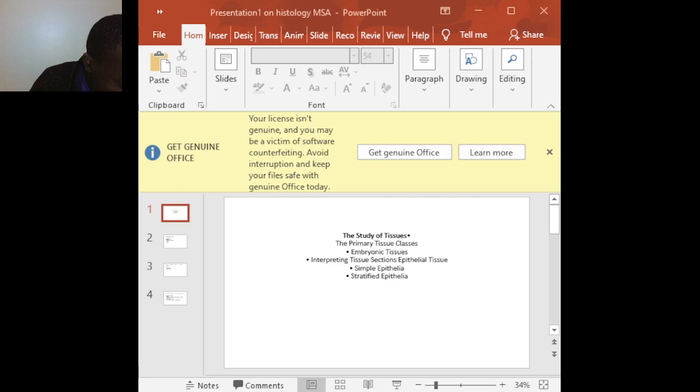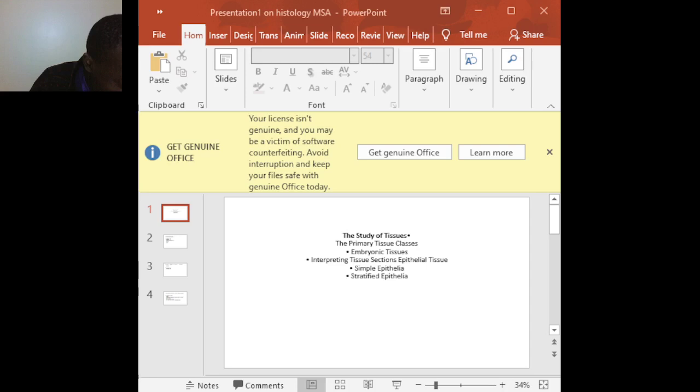Epithelium covers the body surface and lines most of the body cavity. It can form the external or internal lining of many organs. Not only do you need to expect the epithelium to be inside the organ, but even outside of the organ, some organs have the epithelium lining. I need you to know that.